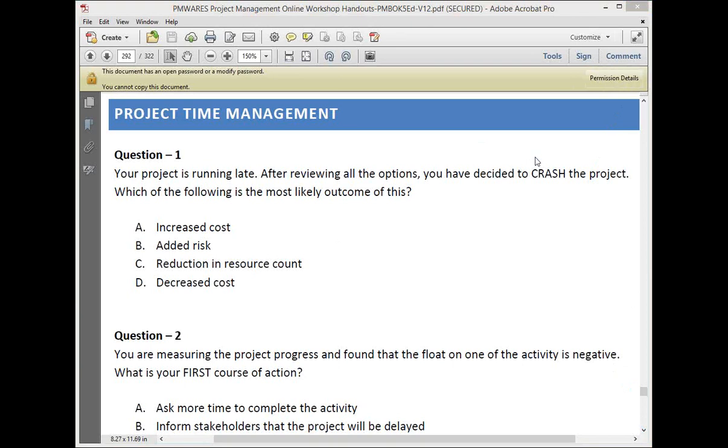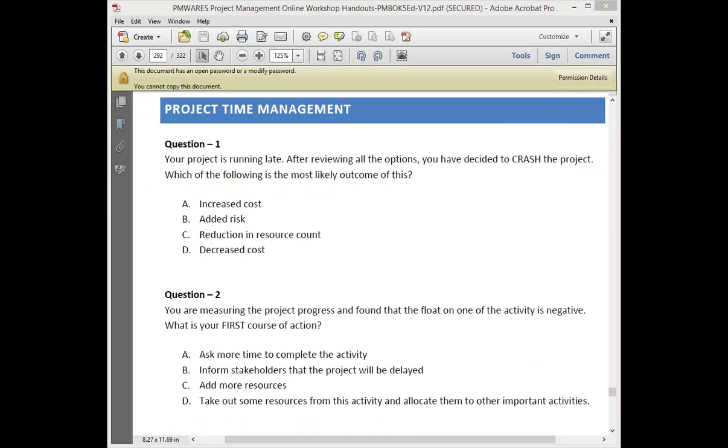Page number 292. Okay, so let's get started.